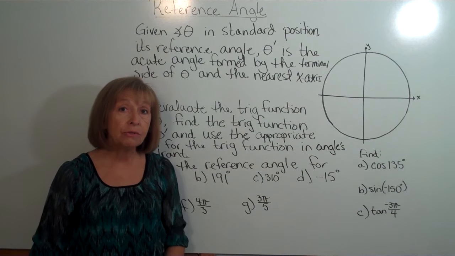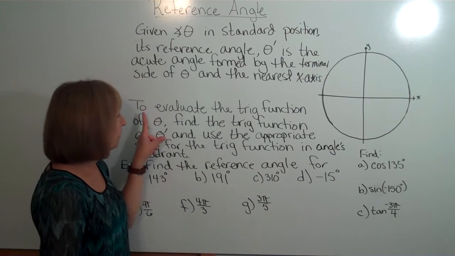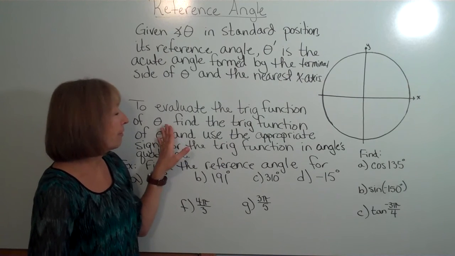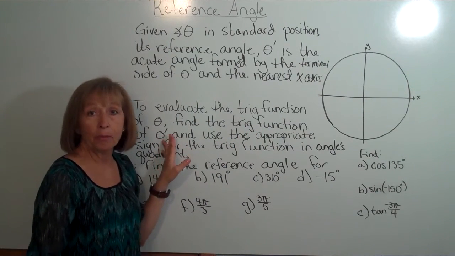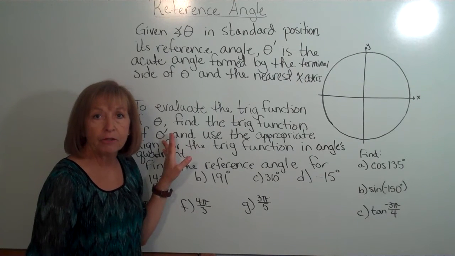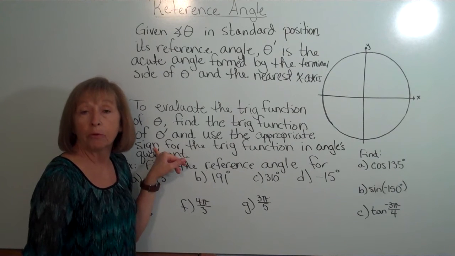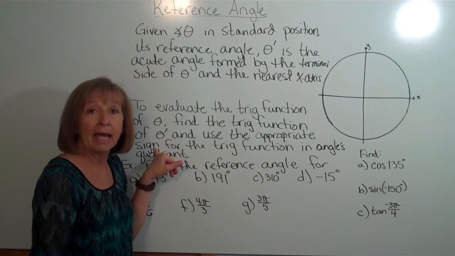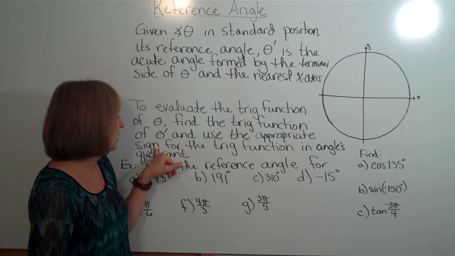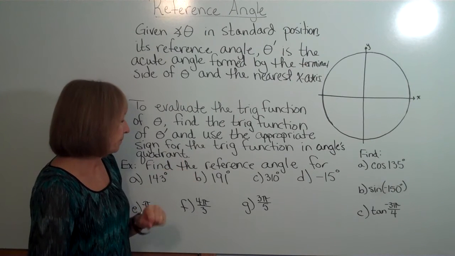Now, how we're going to use this when we get to the trig functions of angles is to evaluate the trig function of theta, find the trig function of theta prime, the trig function of the reference angle, and then use the appropriate sign, the appropriate plus or minus for what that trig ratio should be, depending on what quadrant the angle is in, for the trig function in the angle's quadrant.